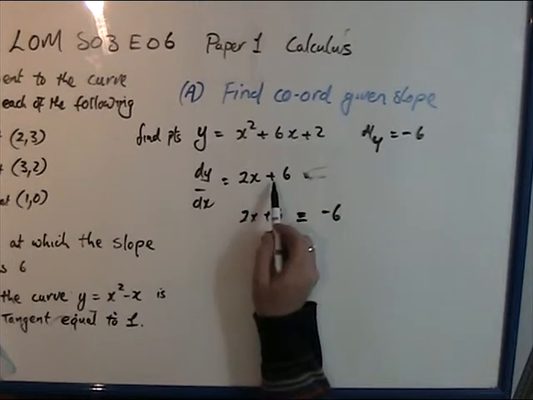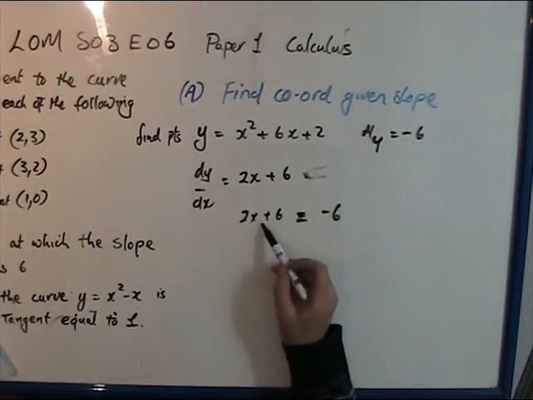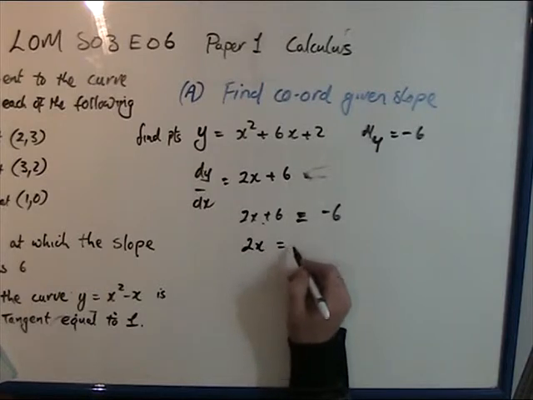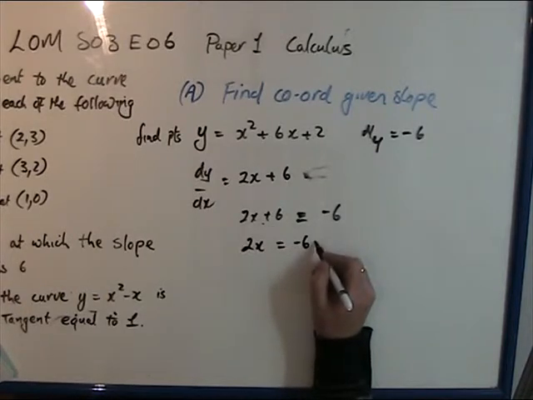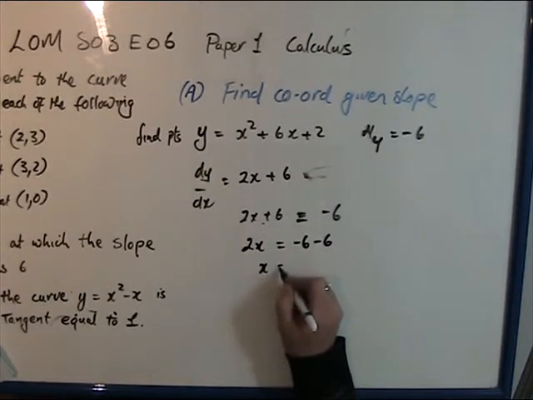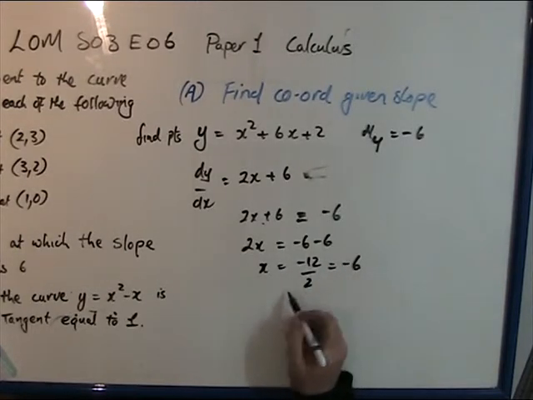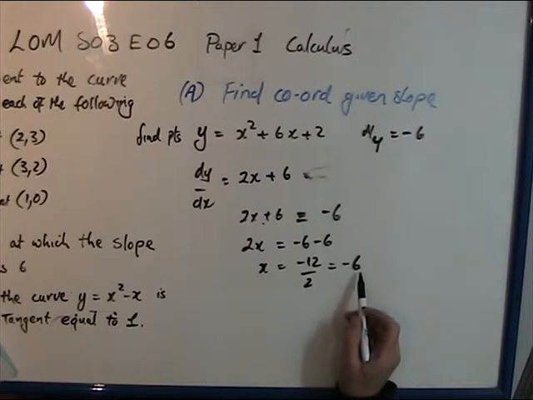As you know, this is the general slope of this formula, so we can find the x value when we're told that the slope is equal to minus 6. So we just work out the formula: 2x is equal to minus 12, so x is equal to minus 12 over 2, which is equal to minus 6.